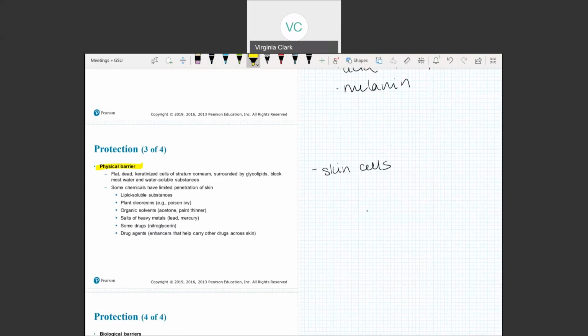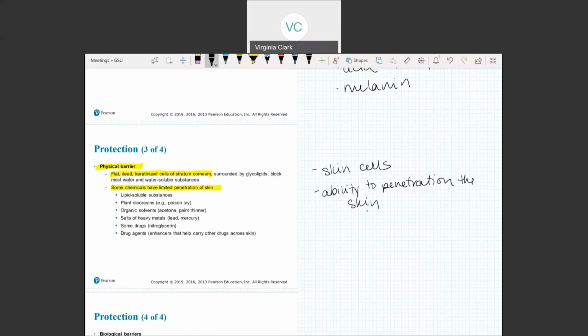The outside layer is going to be made up of the flat, dead, keratinized cells of the stratum corneum. That helps maintain that physical boundary. And then there are only some things that have a limited penetration to the skin. So there are some things that will actually have the ability to penetrate through all of this protective physical barrier.